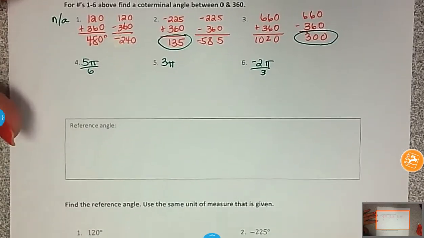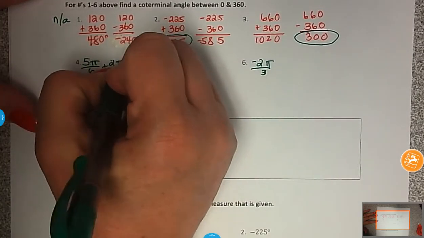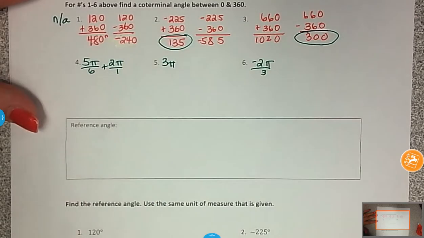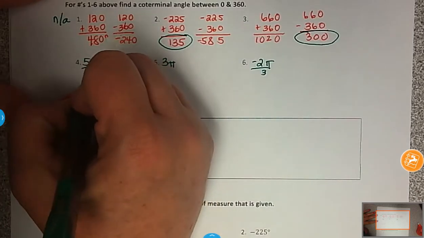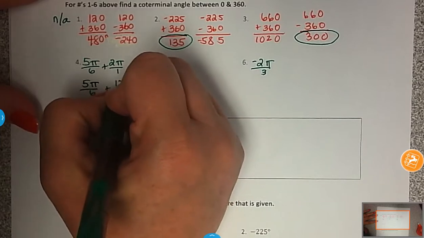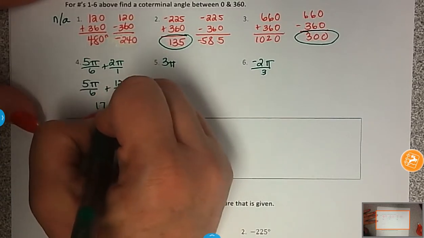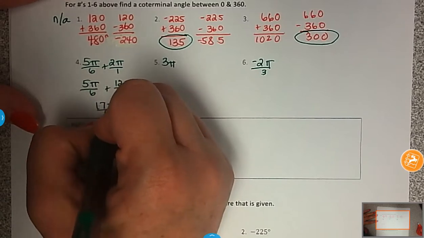So here we go. For number 4, I'm going to add 2 pi, and I'm going to make it 2 pi over 1, so they're both fractions, but I have to have a common denominator. So my common denominator will be a 6, which will make this 12 pi over 6, and I get 17 pi over 6.